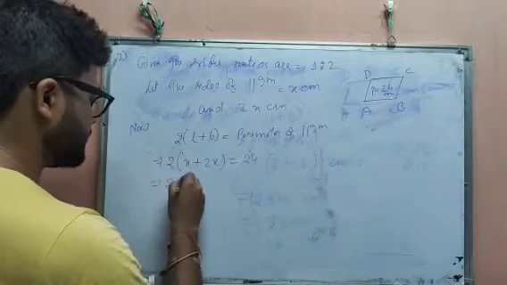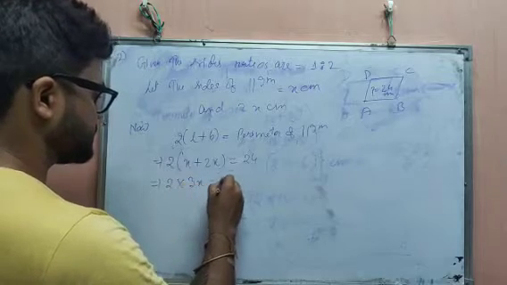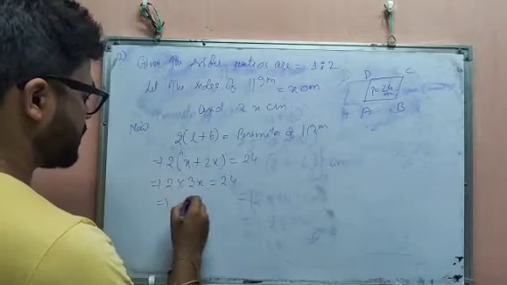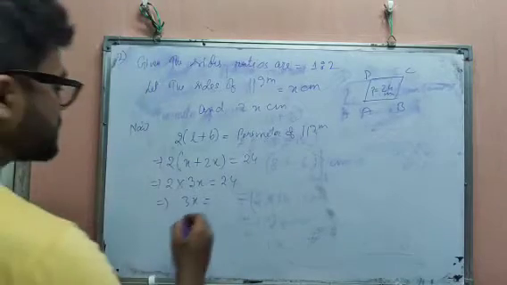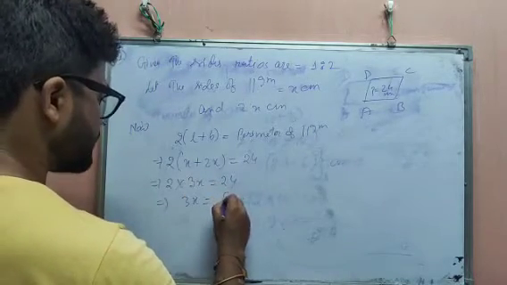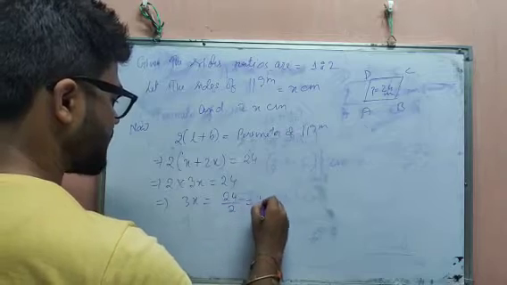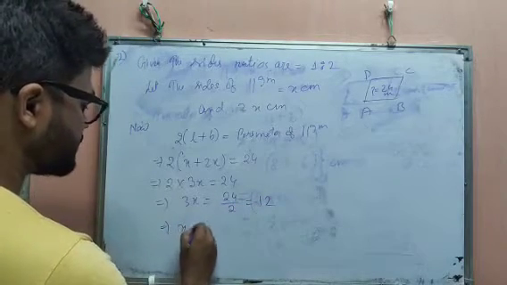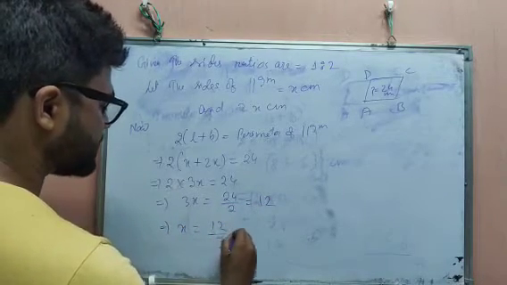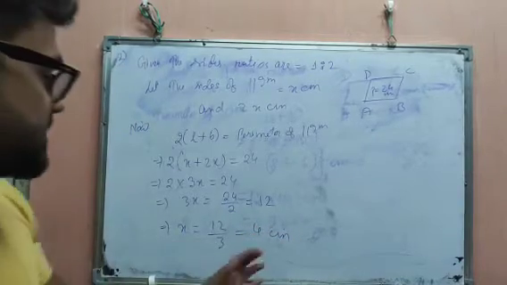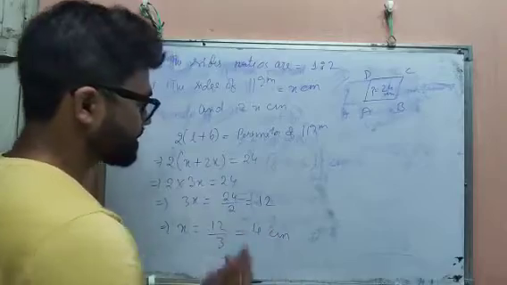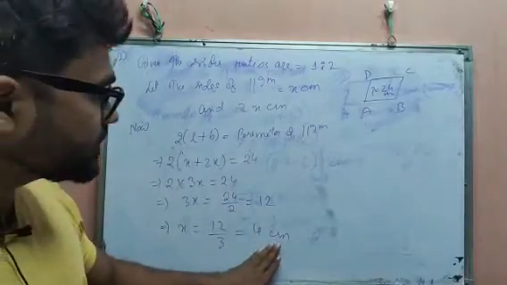So 2 into 3x equals 24, or 3x equals 24 divided by 2, equal to 12, and x equals 12 divided by 3, equal to 4. So we got the x value 4.